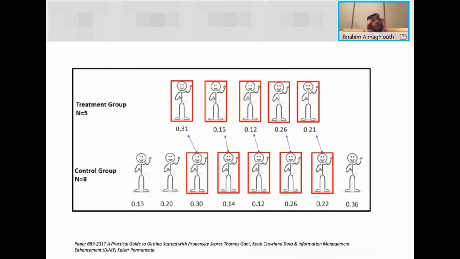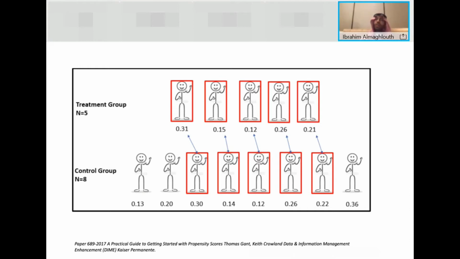We give a number, which is reflected here by 0.12, 0.26, for each individual based on how likely this person is to receive the treatment based on all the variables. And then we make sure that both treatment groups are similar in terms of this number. By doing so, we ensure that all the variables that were used to build this model, or to give the propensity score, are similar and reduce the confounding.